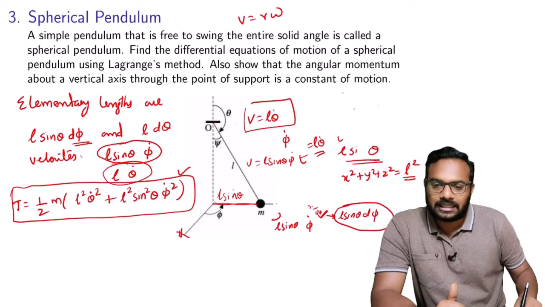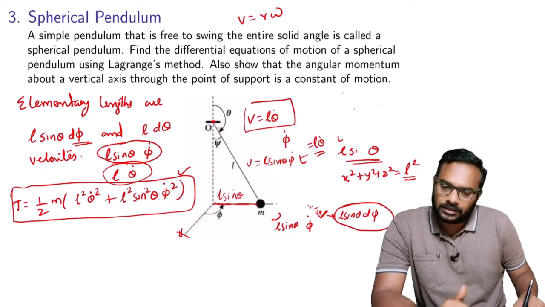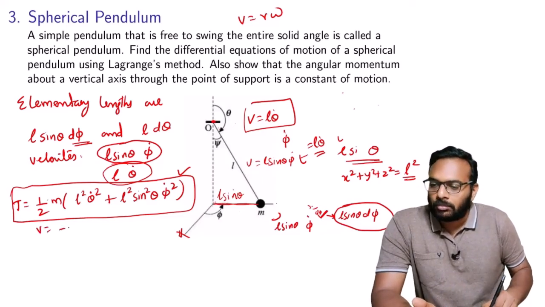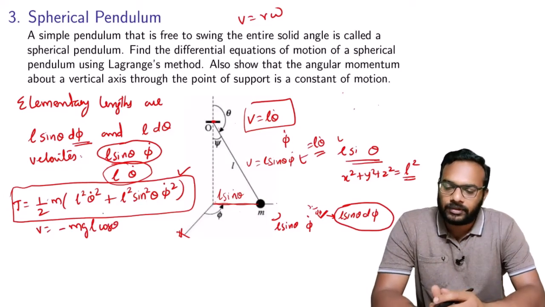And what's the potential energy? We can again take this as the reference potential, and that's minus mgl cos theta. So V is equal to minus mgl cos theta. That's it, we are done. We have got the Lagrangian.